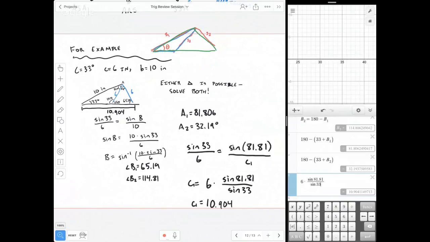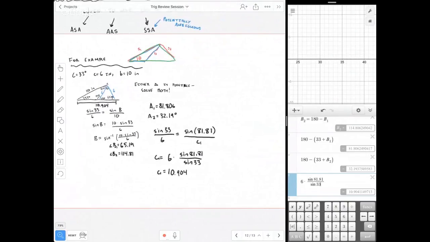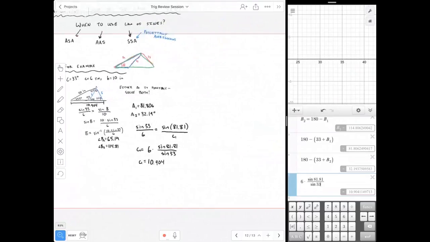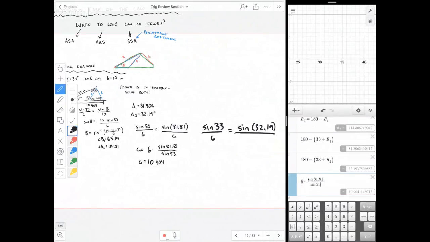And then C2. If we were thinking about the other triangle, the smaller triangle, we would have the same setup. Sine 33 over 6 equals sine of the other angle A, 32.19, over C2.